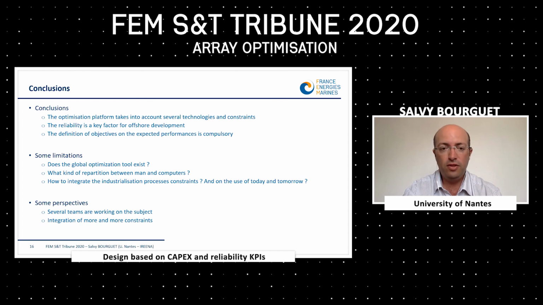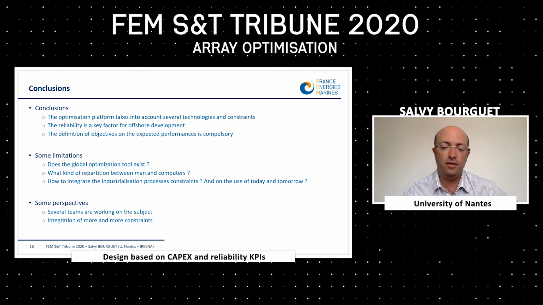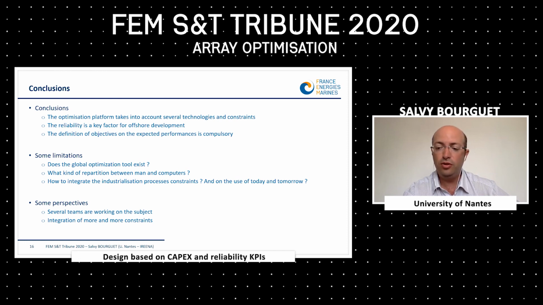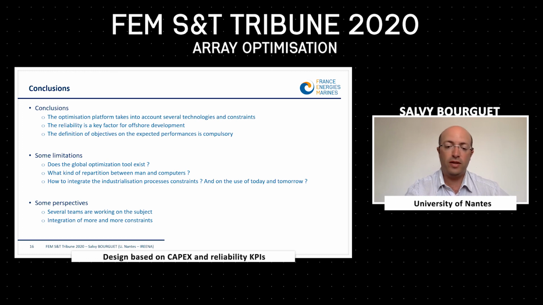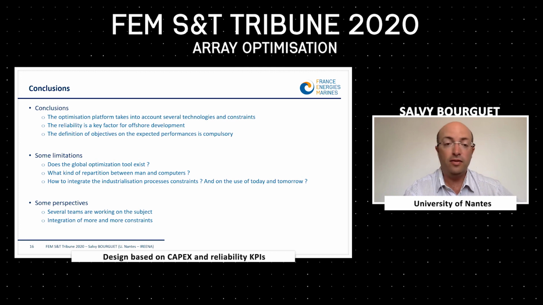And of course, the definition of the objectives and the expected performances is compulsory and drives the study and the results. Well, on such an approach, we have some limitations due to the huge number of parameters we take into account. And we can also always ask ourselves if the global optimization tool exists and if it's reliable.